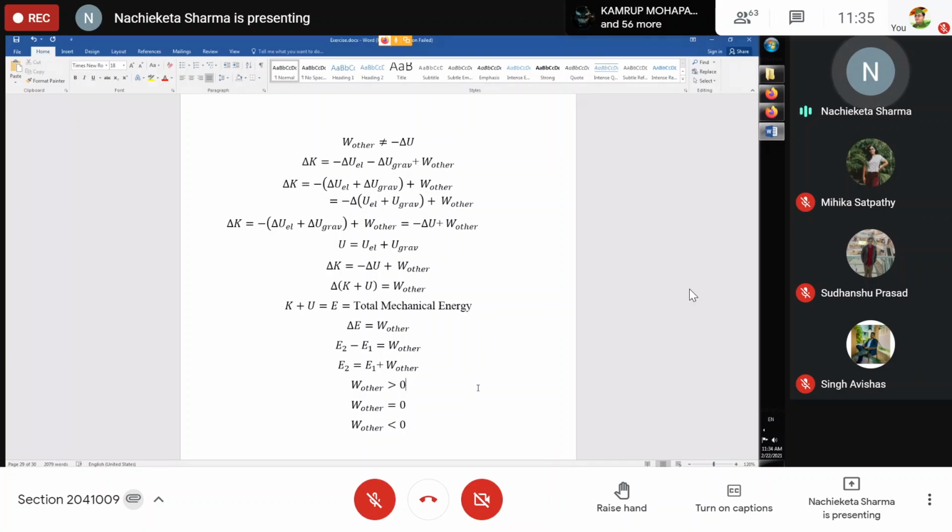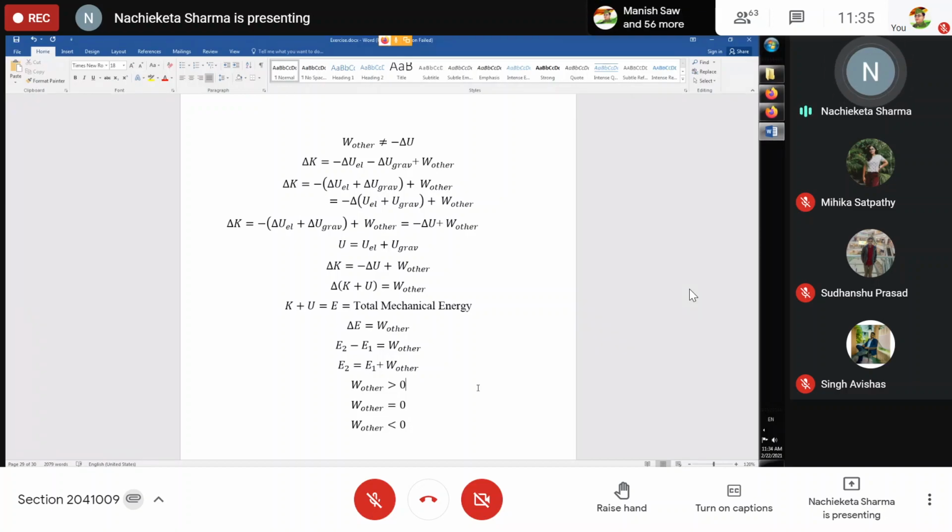That means the final total energy is less than the initial total energy, because the system has done work through other forces on other systems. When W other is equal to 0, there are no other forces present, so the final total mechanical energy is equal to the total initial mechanical energy.